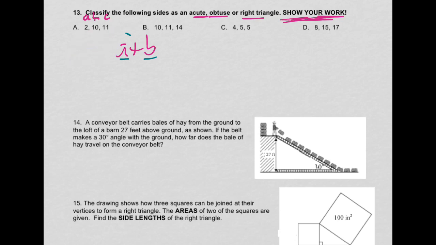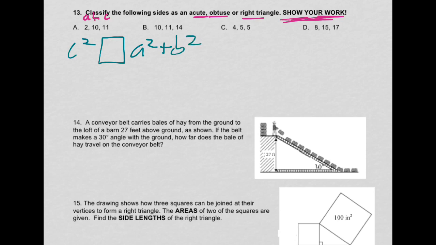All right. Well, it looks like A is definitely a triangle because 2 plus 10 is greater than 11. So I think we're good to go. We can continue. So now we're going to give it the old Pythagorean theorem, c squared equals, except for this time it's not going to be equals, c squared box a squared plus b squared.